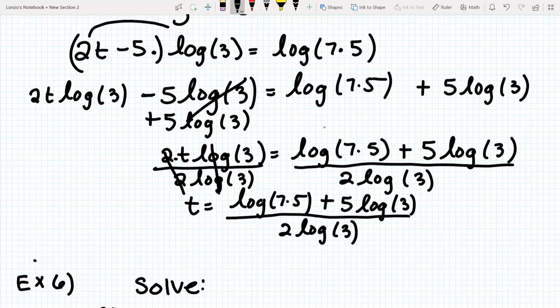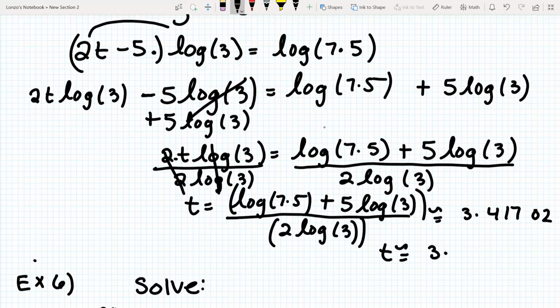Make sure the numerator is in parentheses and the denominator is in parentheses. When I put that in the calculator, I get t equals about 3.41702. They say round to 3 decimal places, so t is about 3.417.